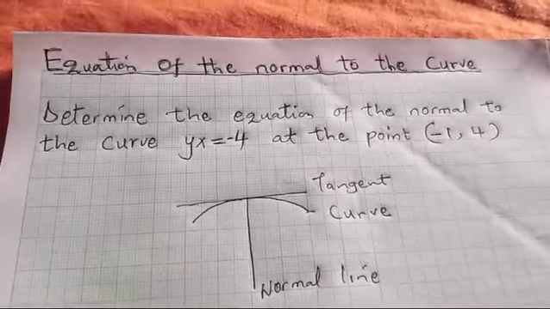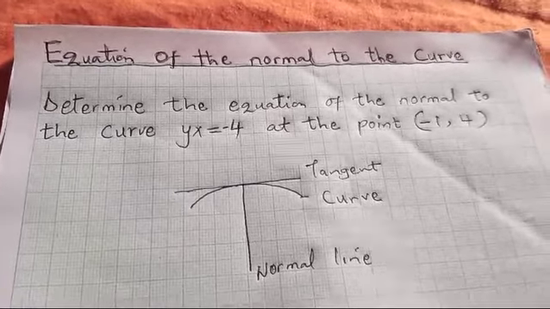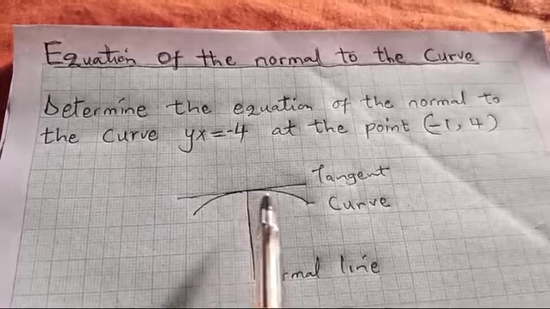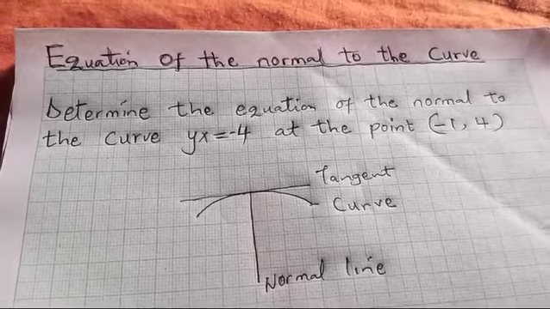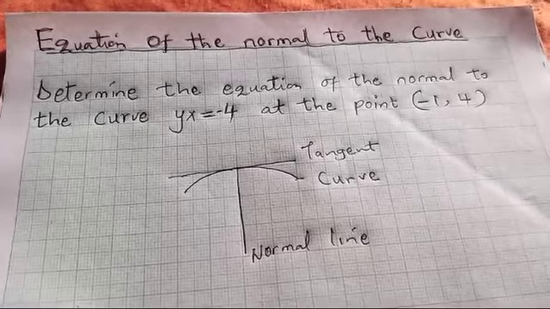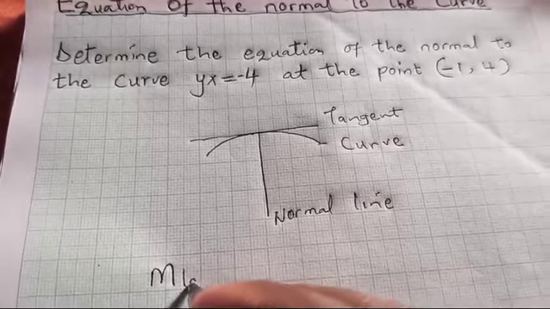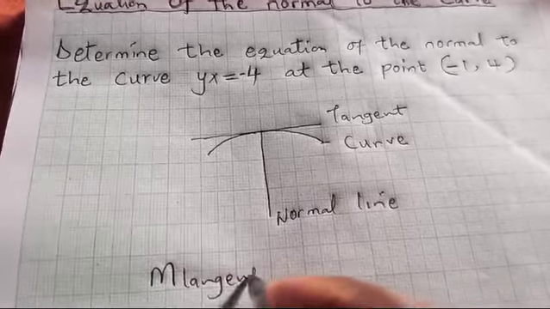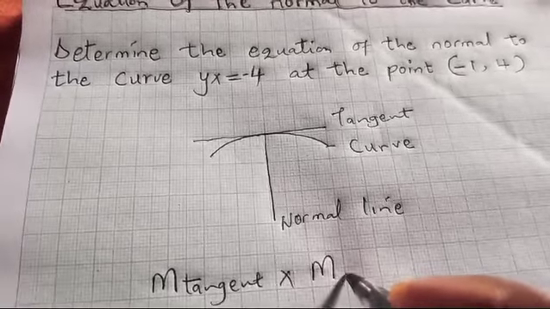Now, in this case, we are going to find the equation of the normal to the curve. And we are going to meet a formula that says when we have the gradient for the tangent, you multiply by the gradient for the normal.